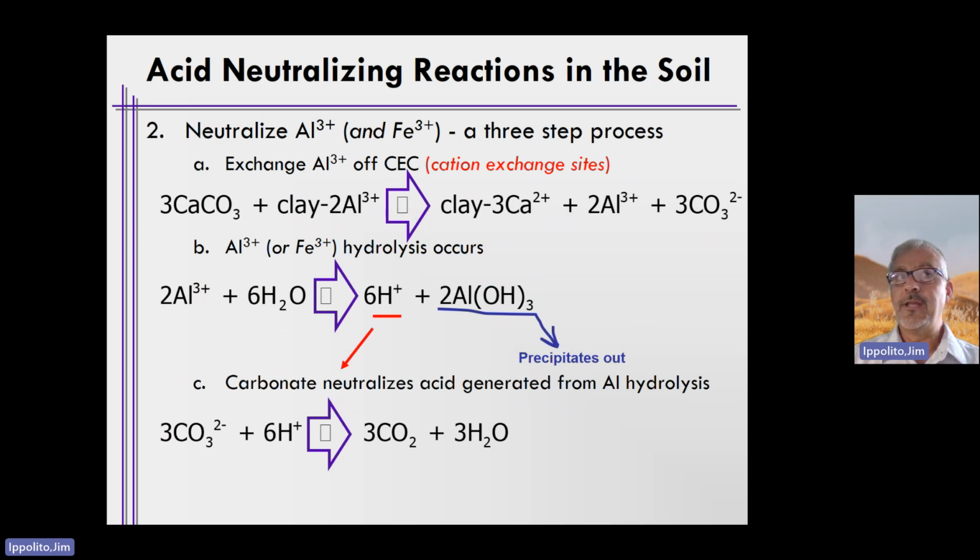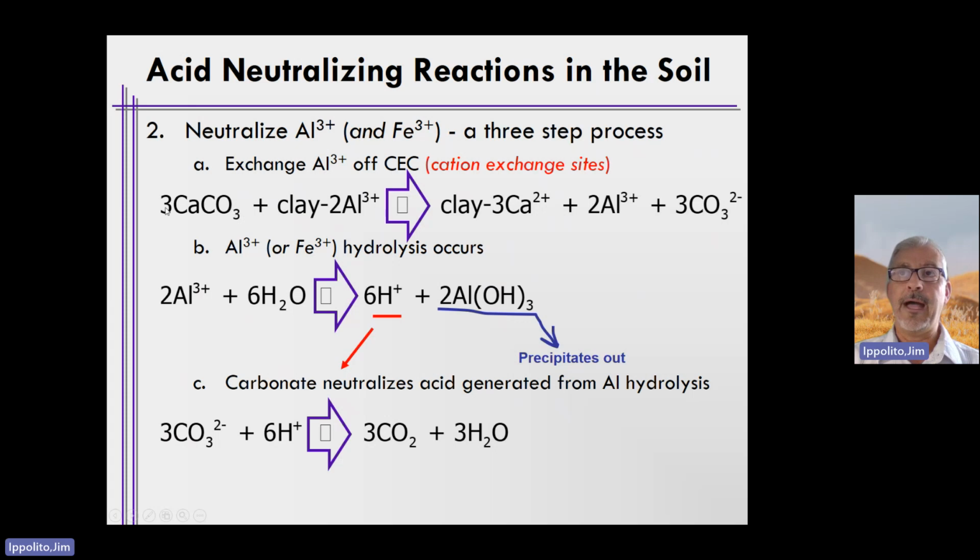The second reaction that we need to follow is to neutralize aluminum and potentially iron on the exchange sites. And this process is a little more complicated than what I just showed you for hydrogen. This is a 3-step process, right? It starts off with step 1 by exchanging aluminum off of the cation exchange sites.